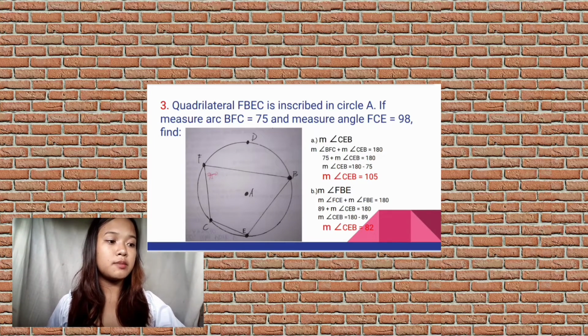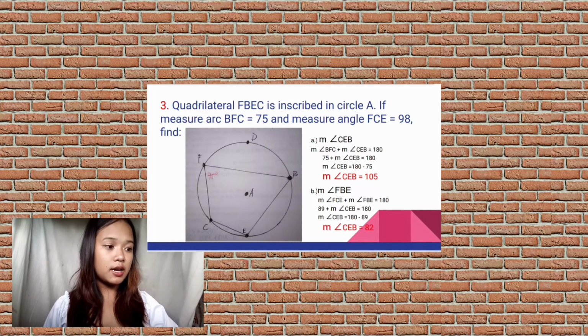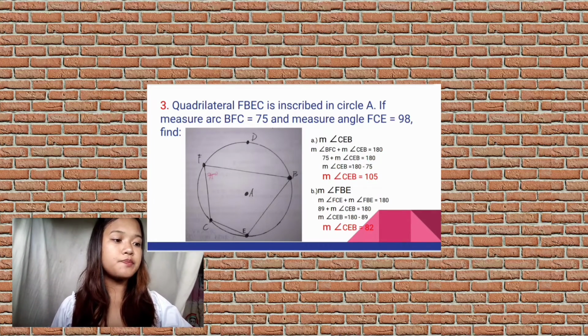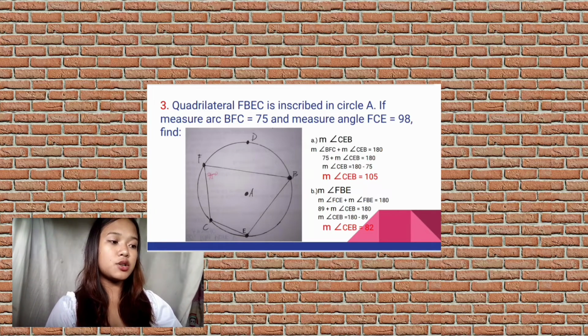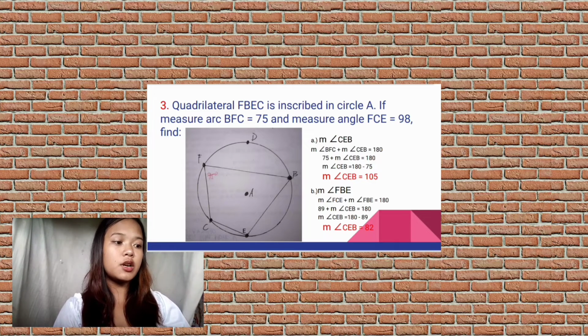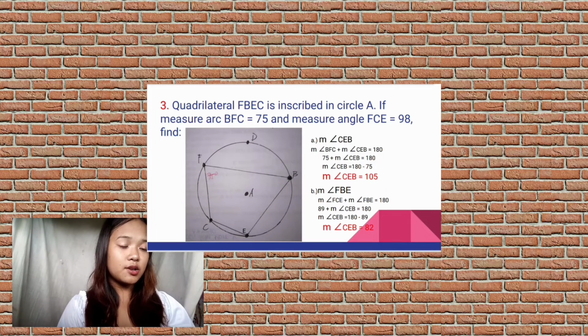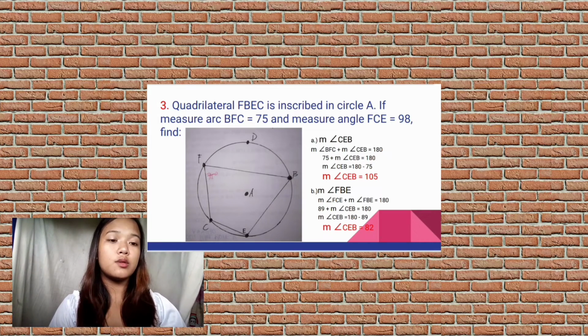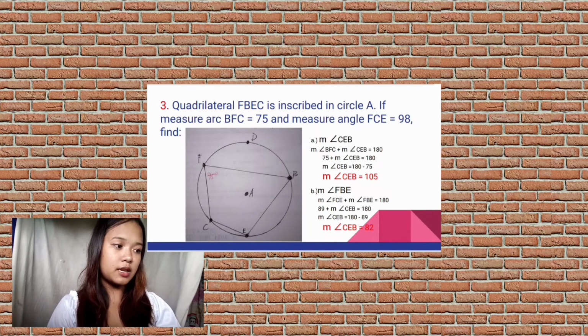So for solving the measure of angle CEB, the measure of angle BFC plus the measure of angle CEB is equal to 180 degrees. 75 plus the measure of angle CEB equals 180 degrees. Then the measure of angle CEB equals 180 minus 75, so it is equal to 105 degrees.